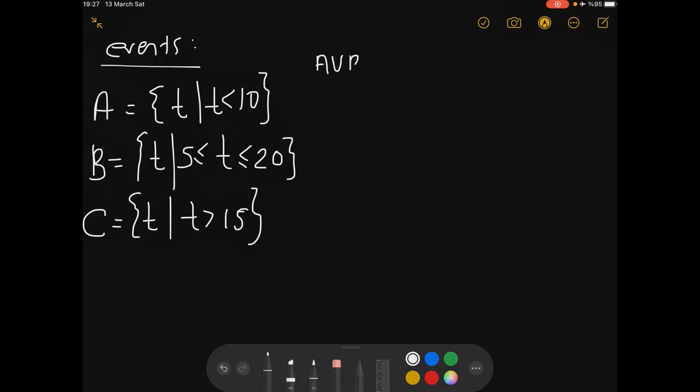Let me just try to do it. A union B, for example. Now, what is this? Just pause the video, get your pen and paper and do it yourself as well, and pause where it is necessary. Okay, this would be something like this. And what should be A intersection B, for example, right?